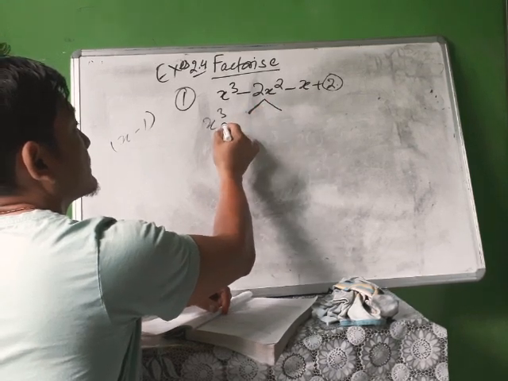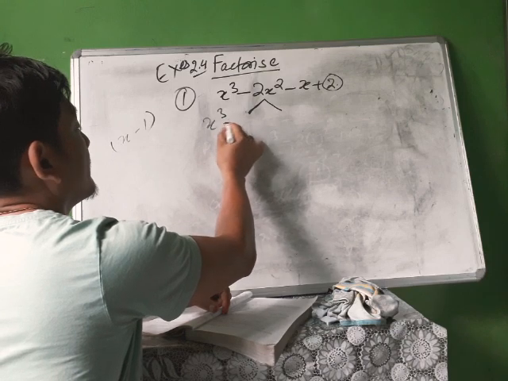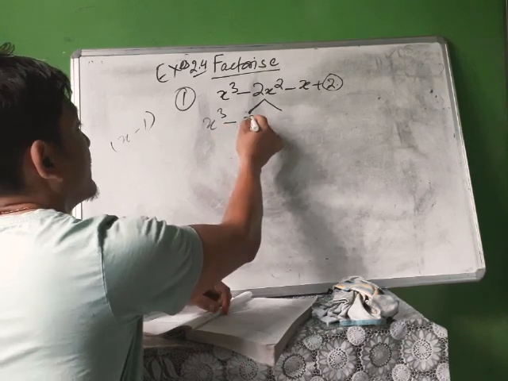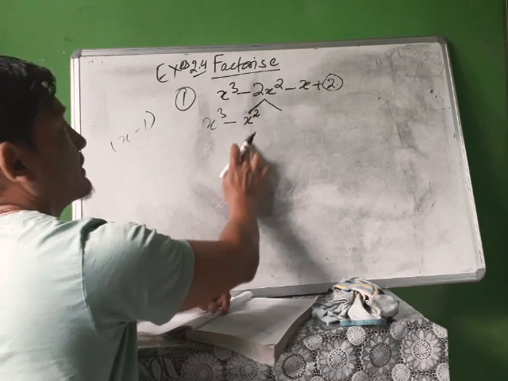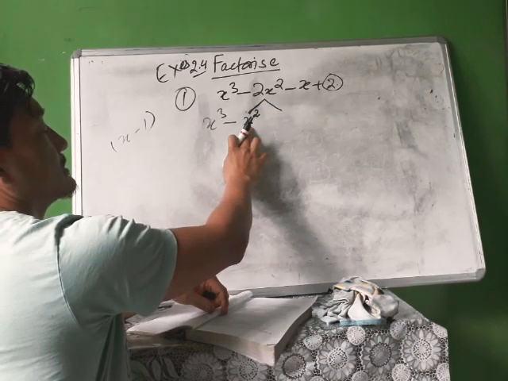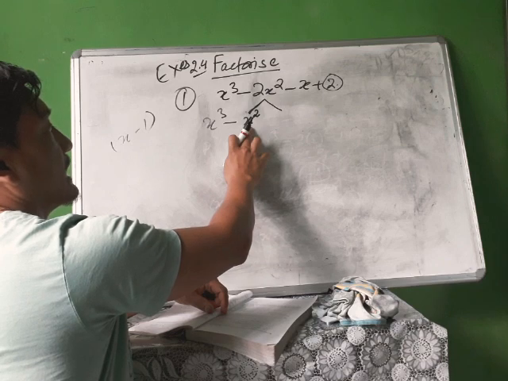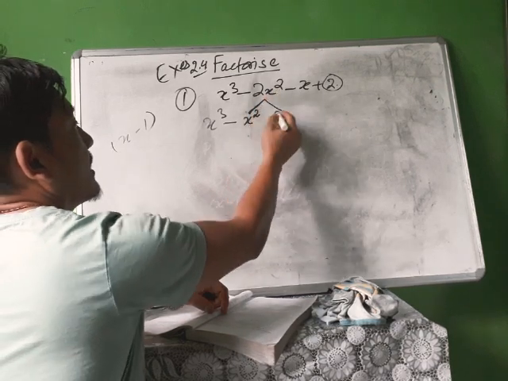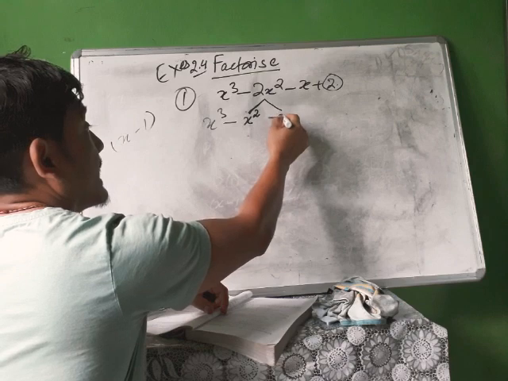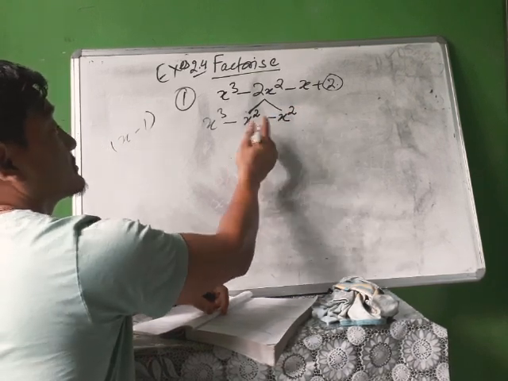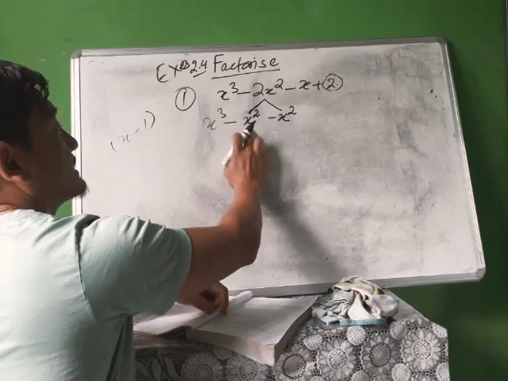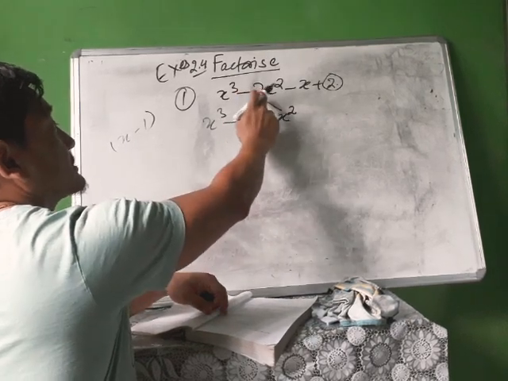Here you need to have minus, and if you put x square here, then minus x square and minus x square, when you add these two, you will get minus 2x square.